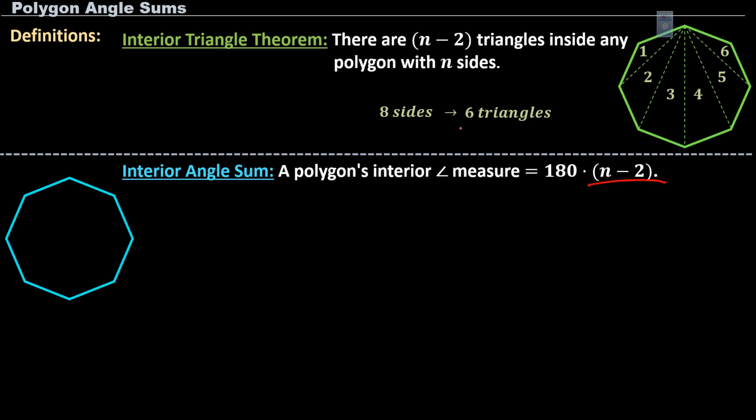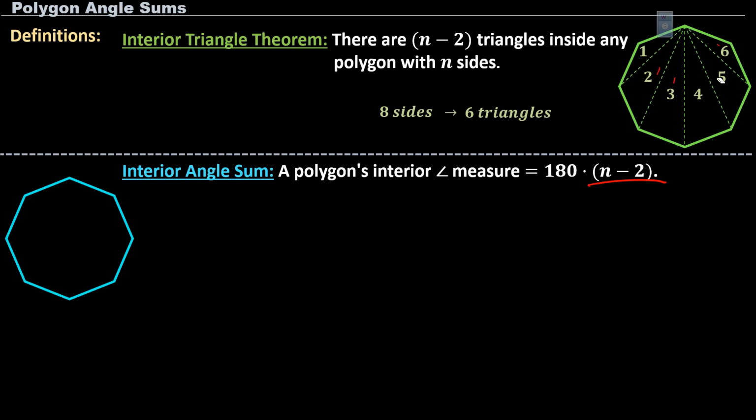N minus 2 is the amount of triangles that are fitting inside of the shape. Well, what is 180? 180 is the amount of degrees inside of a triangle. So what we're basically doing is we're taking each of these triangles and we're taking their measurements and we're just putting it all together. There's 6 triangles, so there's 6 180 degrees sitting inside of that shape.